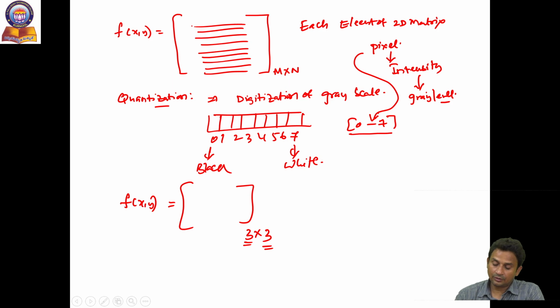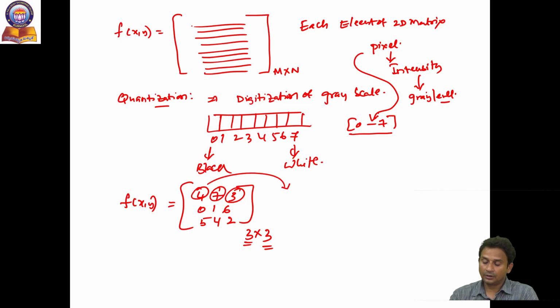The image created will have pixel values something like this: 4, 7, 3, 0, 1, 6, 5, 4, 2. This is the first pixel in the image, this is the second pixel, this the third pixel.